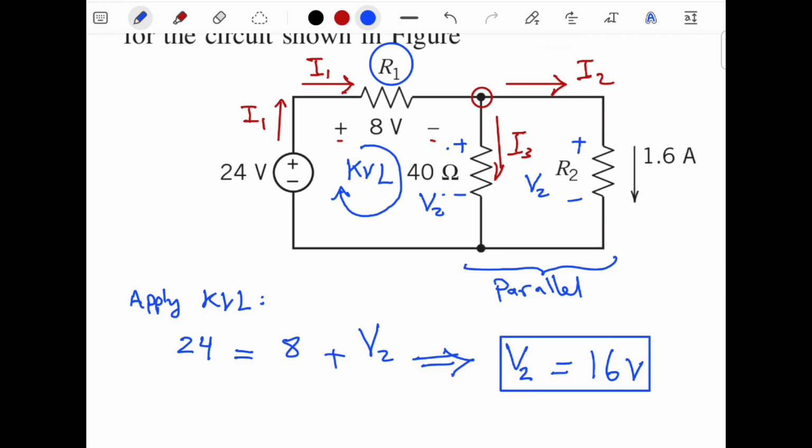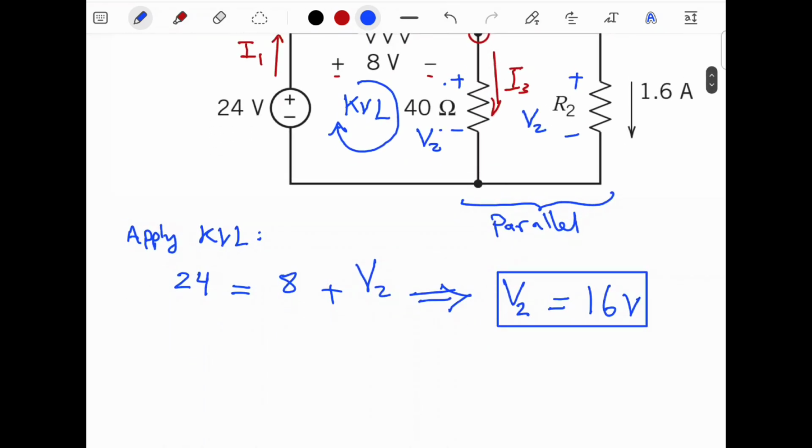and I3 easily. So notice that using Ohm's law, I3, this one, is equal to the voltage drop divided by the resistance, 40 ohm, and that's equal to 16 divided by 40.